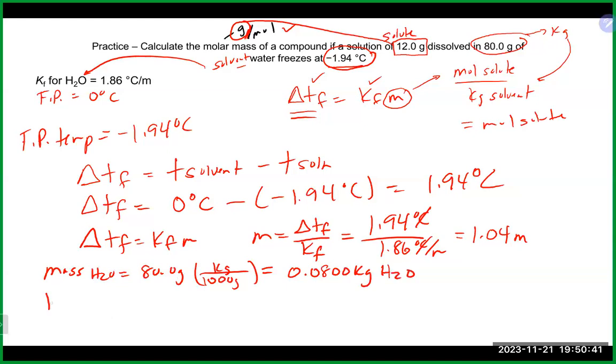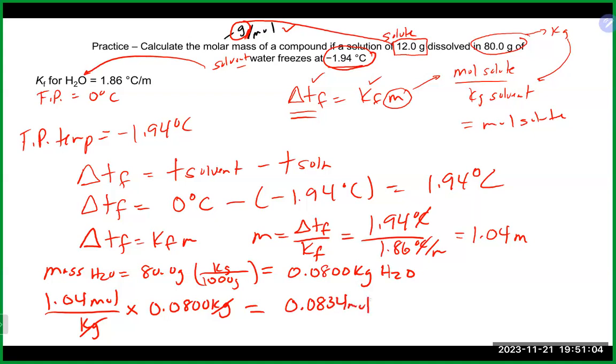Now, using our molality, which is moles per kilogram, we multiply it by our 0.080 kilograms. Kilograms will cancel, and that will get us 0.0834 moles. That is the bottom part here of what we need to calculate the molar mass. Any questions on that move right there?